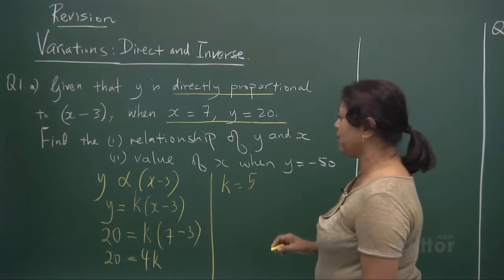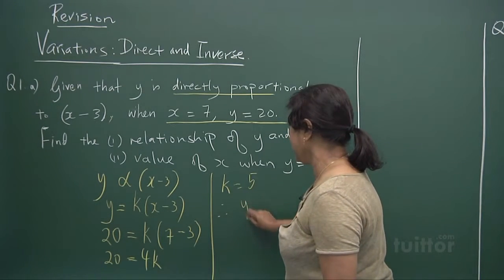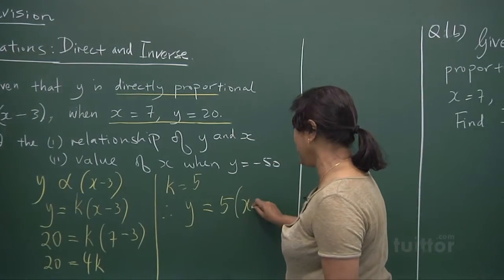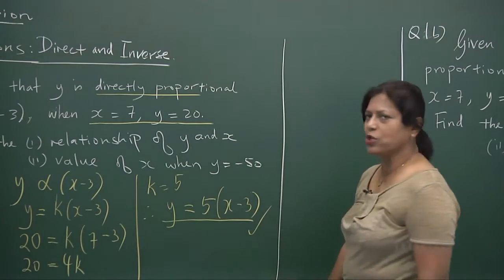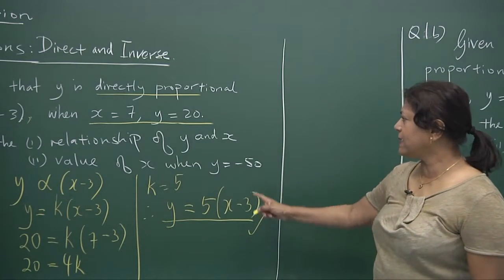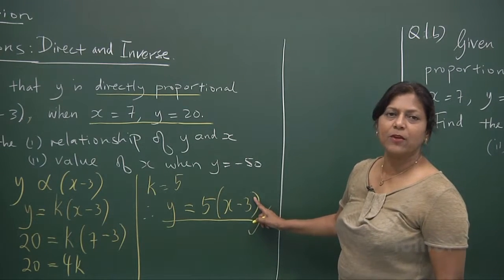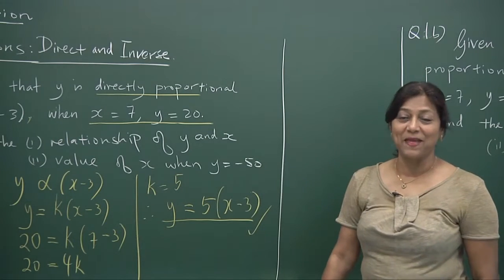You get 5. So therefore, what is the relationship? y equals what? k is 5. It's a fixed value, as I've said, and this is the relationship. Let's test it. When x is 7, 7 minus 3, you get 4. 4 times 5 is 20. We got it.